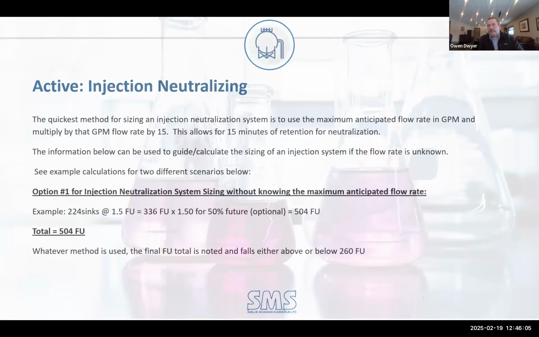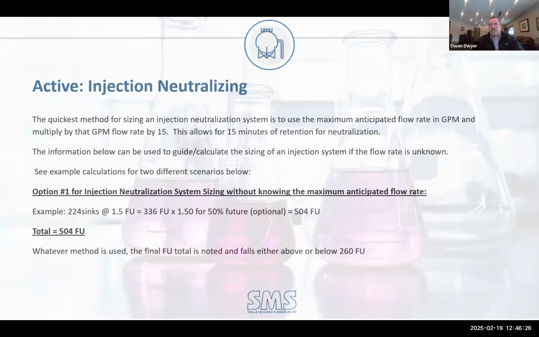So this is a very wordy slide, but basically there are three methods of going about injection system sizing. If you know the gallon per minute rate, you take that GPM. ASPE has a recommendation of 10 minutes of dwell time, and we have found 15 minutes.